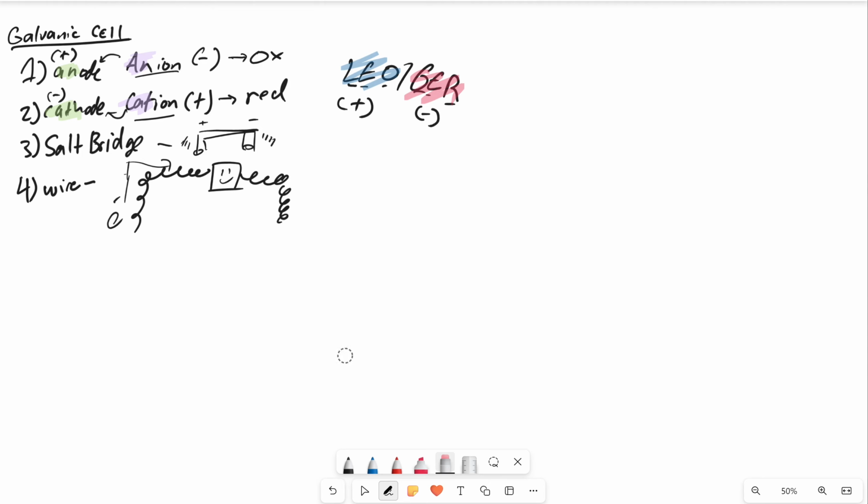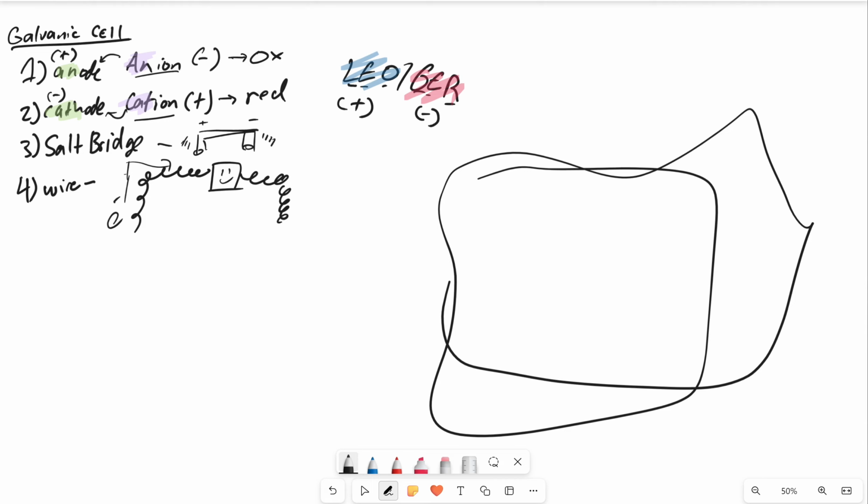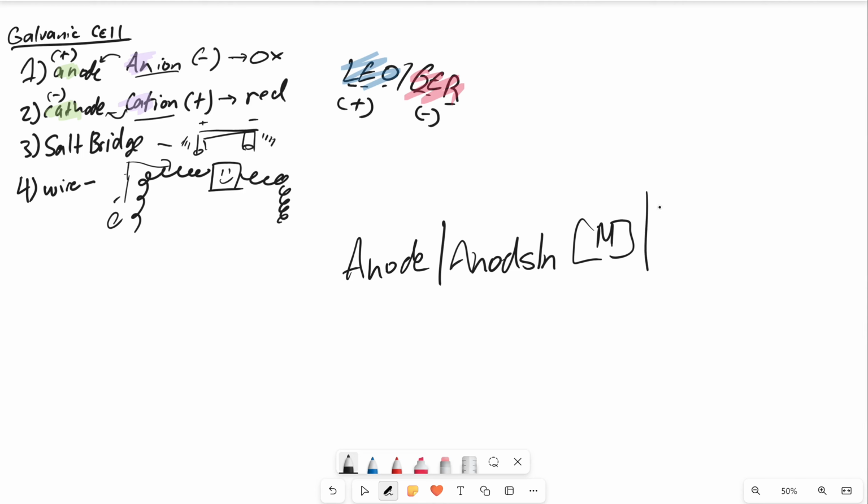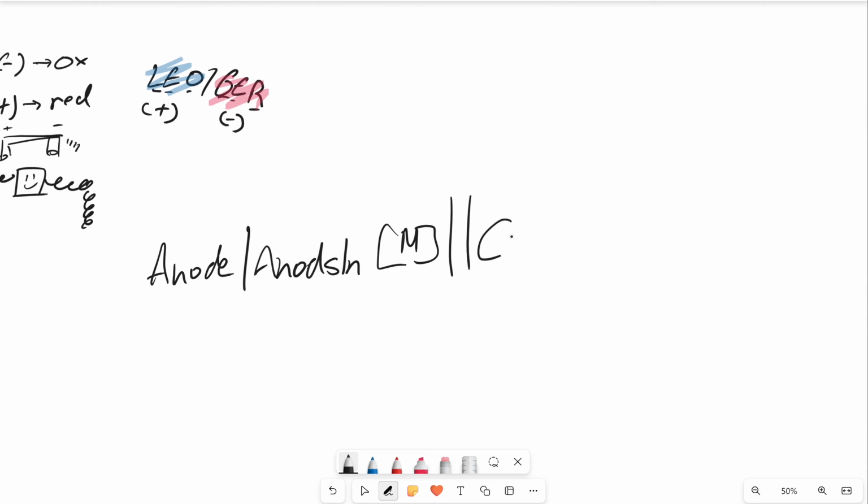One more thing that I think is pretty important to mention is that there is a shorthand. In case you didn't want to draw that whole monstrosity that took up this much of my screen, there is a shorthand where it goes anode, a single line, and then the anode in solution, with the concentration in molarity, and then a double line, cathode solution, once again in molarity, single line, cathode.